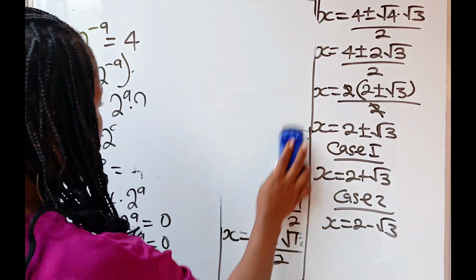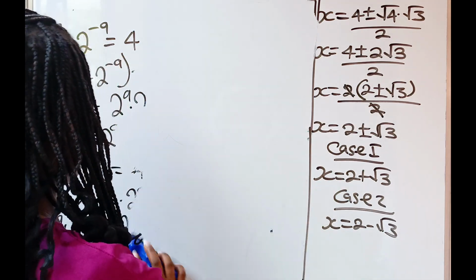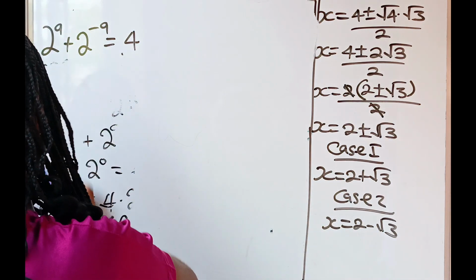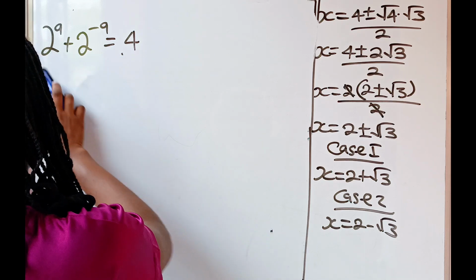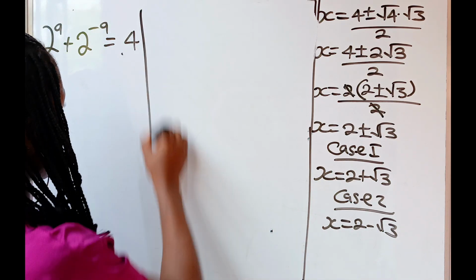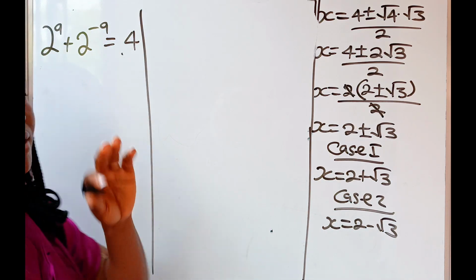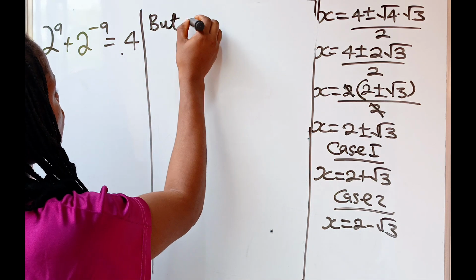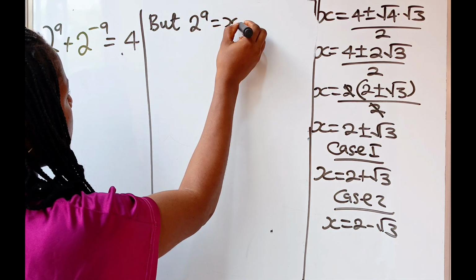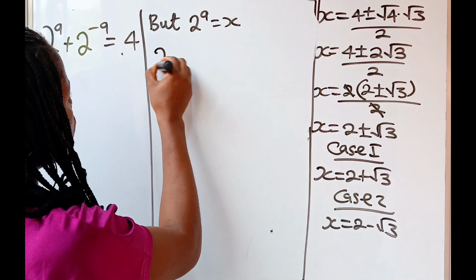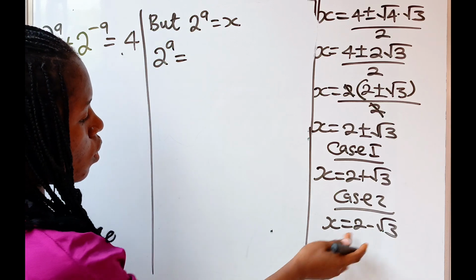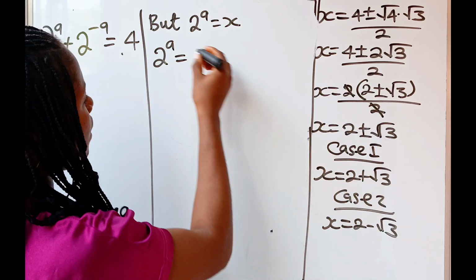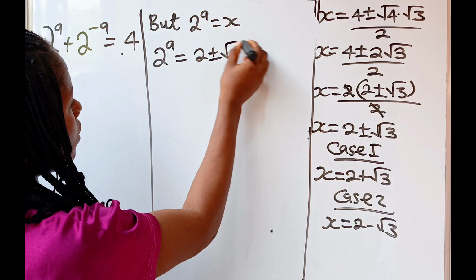Let me clean this so that we can continue. So we have that 2 to the power of a is equal to x. I would also like you to watch to the end because we are going to prove that the answer we got is correct. So we say but 2 to the power of a is equal to x. So that means that 2 to the power of a is equal to 2 plus or minus root 3, right?